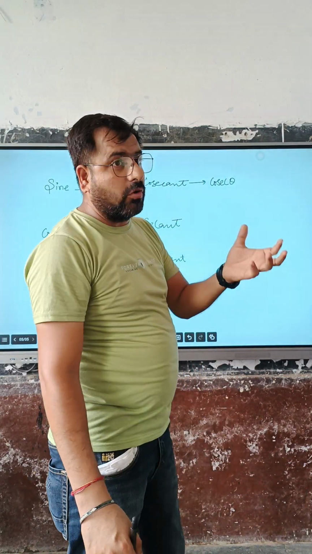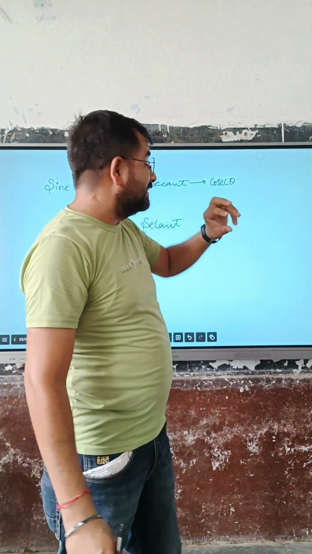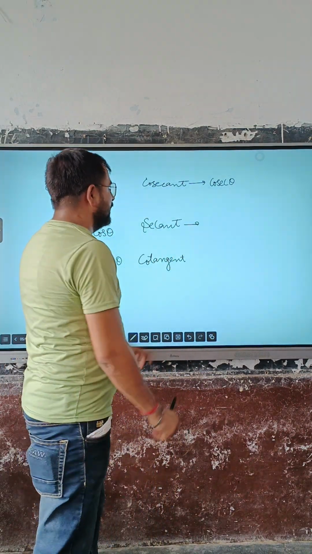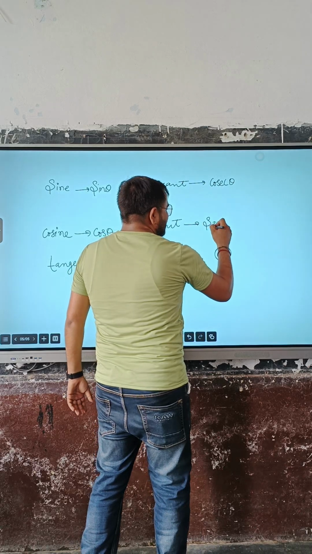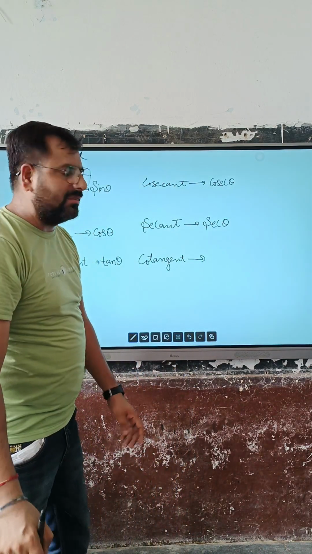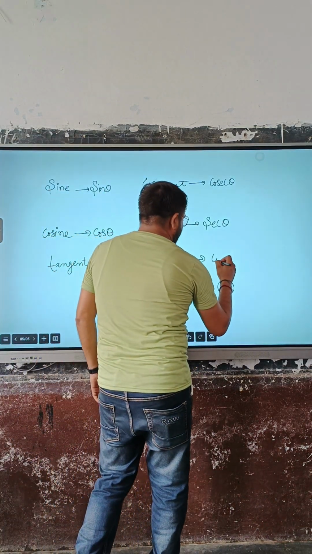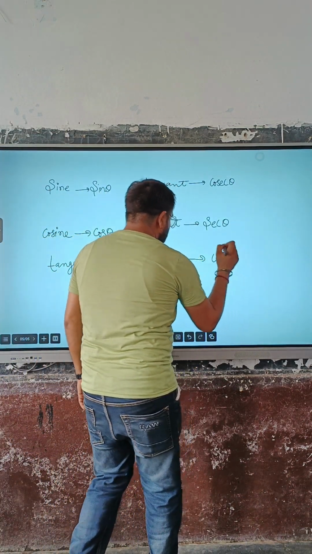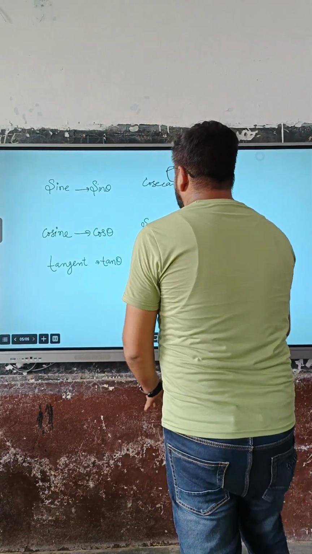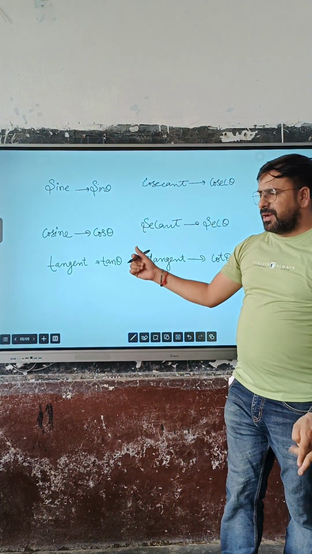Most of the students call it cosec, but the actual name is cosecant theta. Secant is represented as sec theta, and cotangent is represented as cot theta. So these 6 terms are under trigonometry.